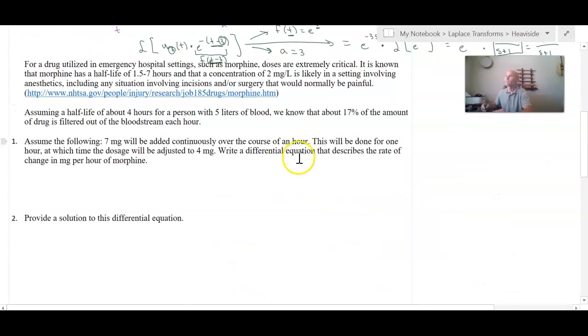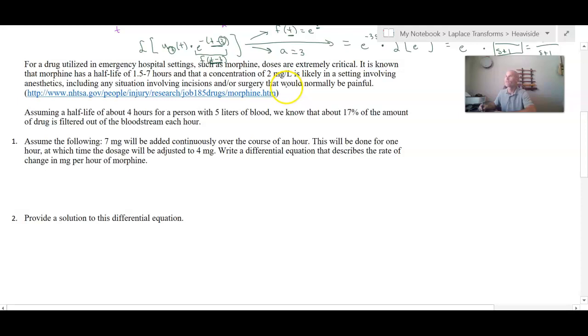For a drug utilized in emergency hospital settings, such as morphine, doses are extremely critical. It is known that morphine has a half-life of 1.5 to 7 hours, and that a concentration of 2 milligrams per liter is likely in a setting involving anesthetics, including any situation involving incisions and or surgery that would normally be painful.